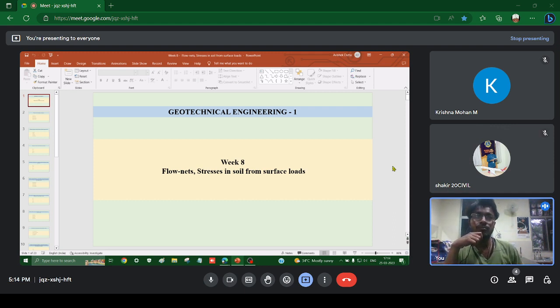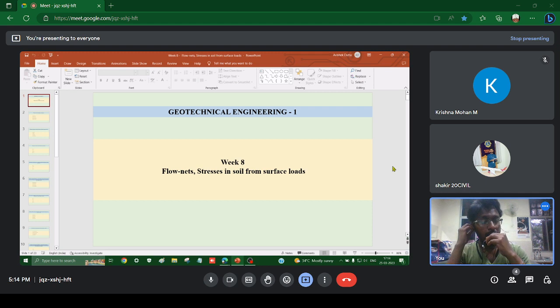And stresses in soil from surface loads. I guess Boussinesq theory is a main part of this chapter. I think you have learned Boussinesq theory, Westergaard's theory. Without the Boussinesq theory, the stresses in soil is incomplete.